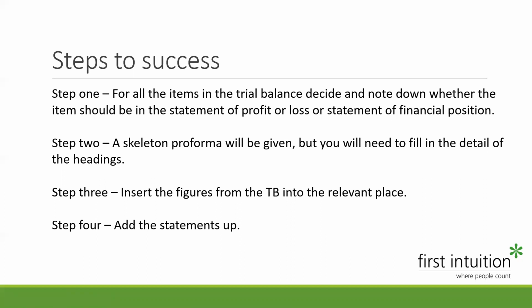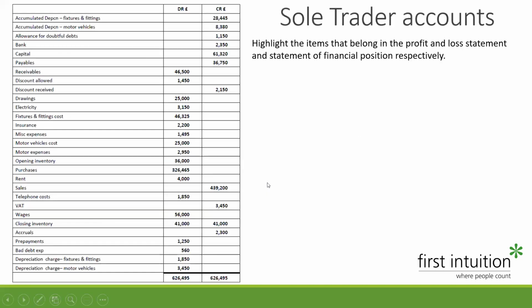The trick is breaking a trial balance down. I'll run through one at a time, just so people aren't chasing off in the chat going through them. You can make the notes yourself, or we can go through it together. So you can see here we've got an extract of a trial balance, as we would be asked to do in the actual live question.